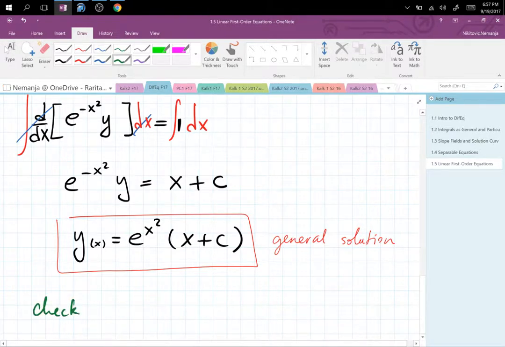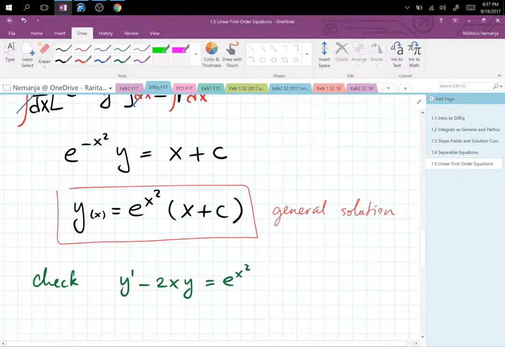So our differential equation was y prime minus 2xy equals e to the x squared. So I know that the whole y thing will plug in there, so that's good. I need y prime. So let's first figure out what y prime is.